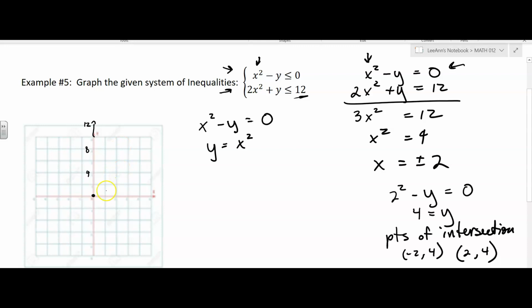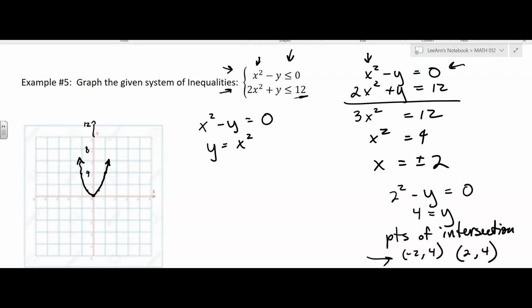So it'd be 1, 1, and then 2, 4, like that. Okay, and so we're getting a parabola. Now, before I draw it, I want to see if it's solid or dotted. It's solid. And so it's looking something like that. It's helpful to know where those points of intersection are. 2, 4, okay, I see those. All right, that's that one.